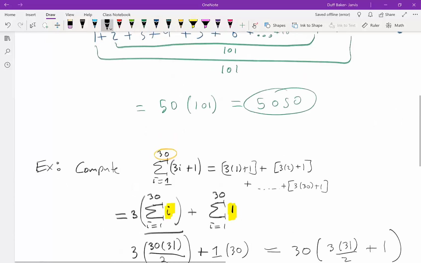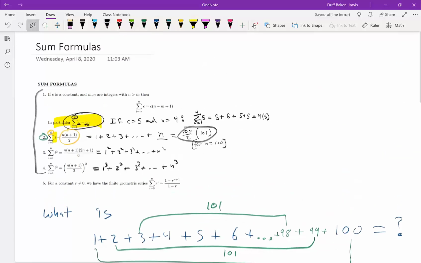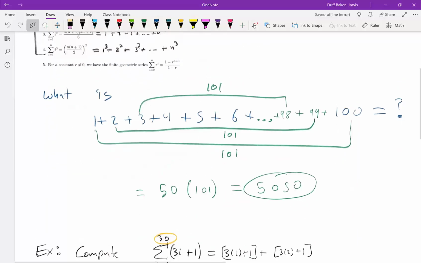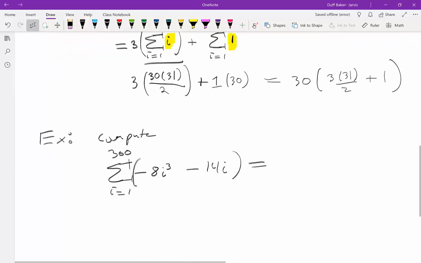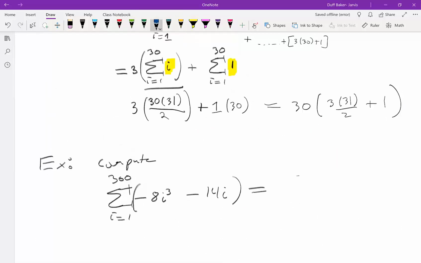We didn't prove these formulas. We saw why the second one was true, but we didn't really talk about the third and fourth. Those are harder to prove. But you can just take for granted that somebody else has done the work for you, and you can use them. But we would follow essentially the same idea. You'd break this into 2 pieces. Keep the bounds the same, 1 to 300.